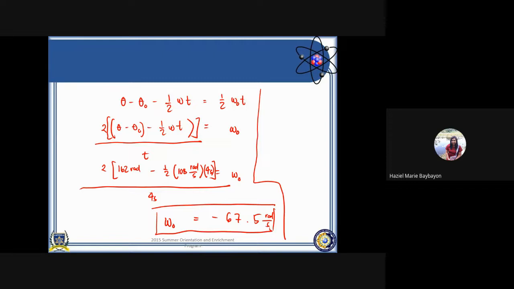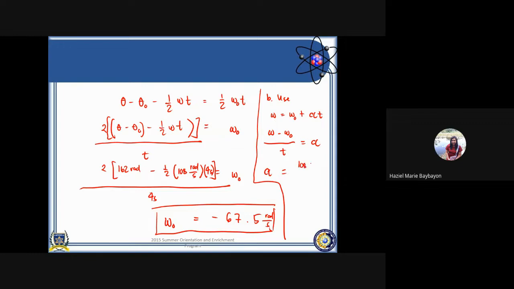So, to find the acceleration, we can use omega is equal to omega naught plus alpha times time. So, you have omega minus omega naught divided by time equals alpha.